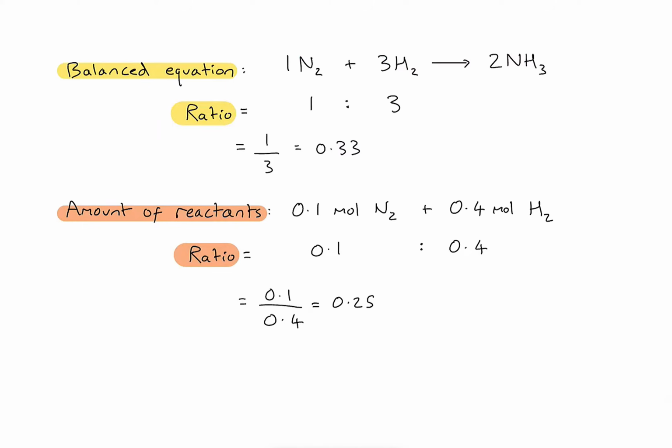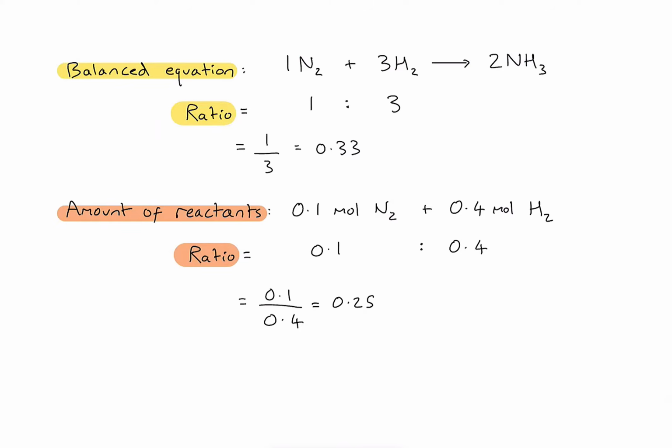So now we're going to compare those ratios again. With the amount of reactants that I'm given, I've got a ratio of 0.25, which is smaller than the ratio we need in my balanced equation, which is 0.33. So if my second ratio is smaller than the first one, it must mean that the top number, which is the 0.1, is too small, and the bottom number, 0.4, is too big.